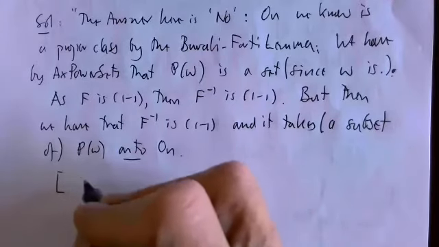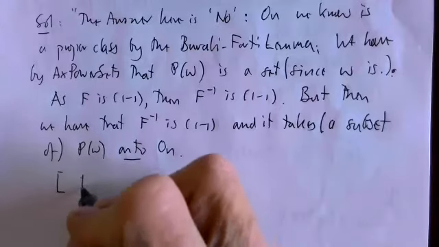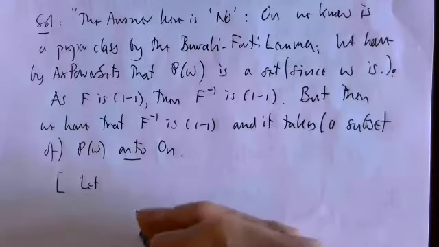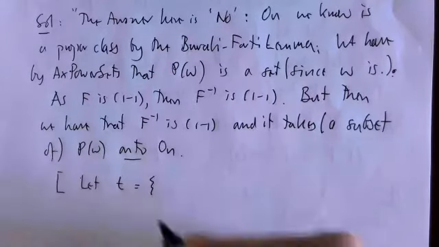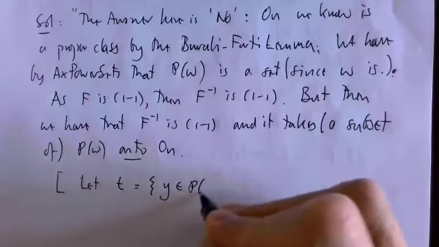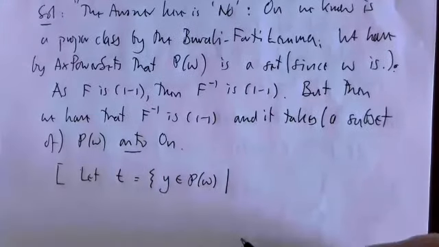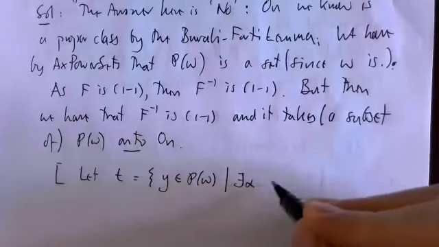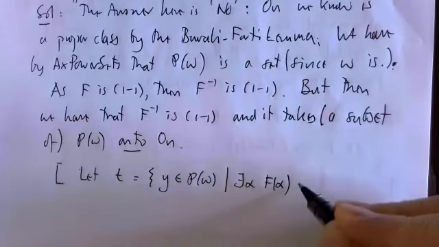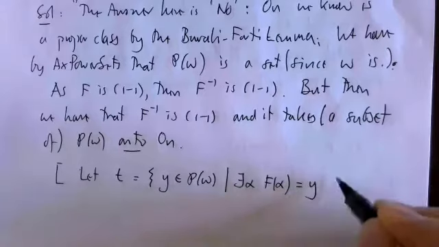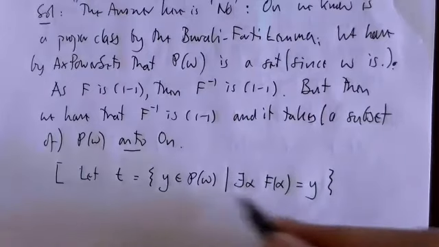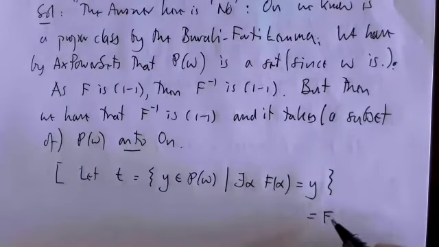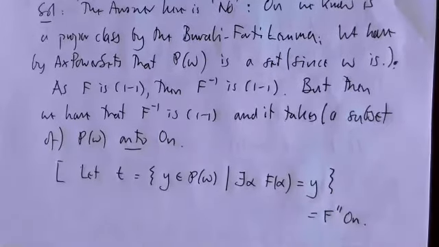You could say, let T be the collection of Y in P omega such that there is an alpha such that F of alpha equals Y. So what I've written down here is a definition of F on the ordinals.